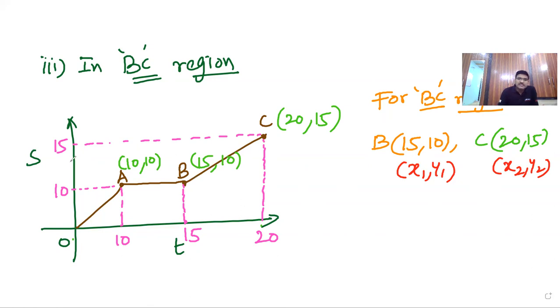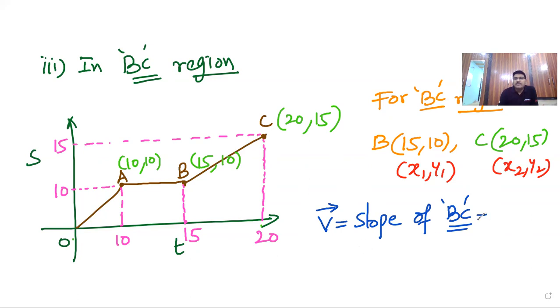The slope of a displacement-time graph is nothing but velocity. So here I highlight once again: the velocity V bar in the BC region is the slope of BC, that is displacement over time.